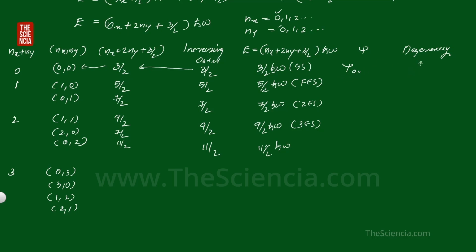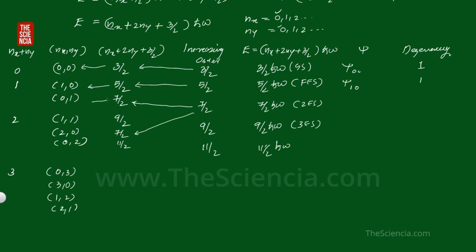Therefore the degeneracy is 1. Now 5 by 2. Only one state has 5 by 2, that is psi 1 0. So degeneracy is 1.